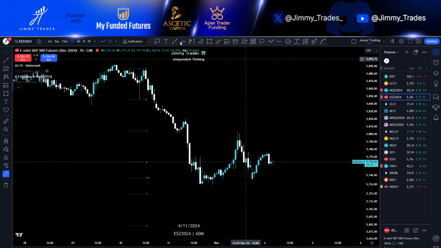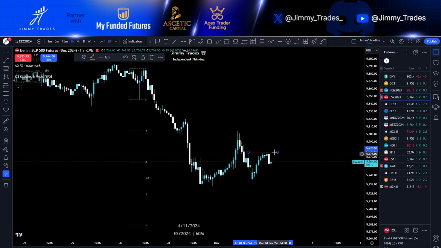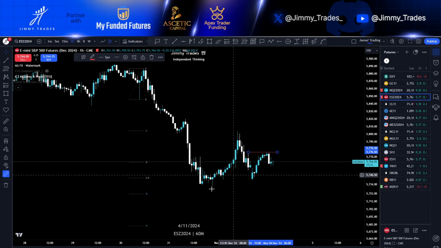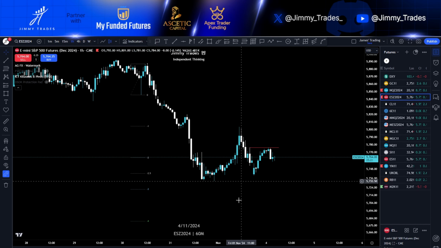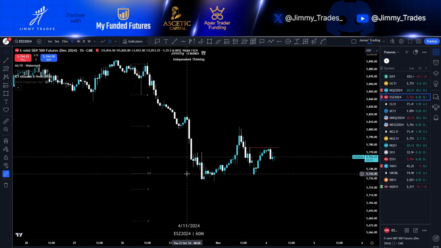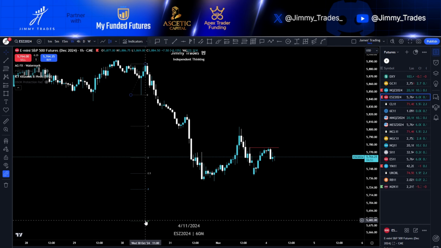The price has just put in equal highs here, so potentially we may sweep this and then continue to move lower, and we have this low resistance liquidity through here. For a draw, we did get this close below the negative 2.5, so we can anticipate price to expand to the negative 4.